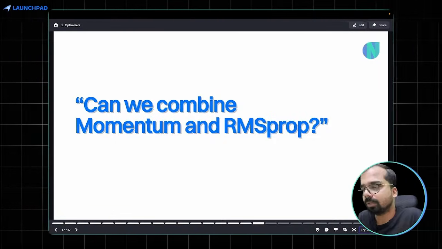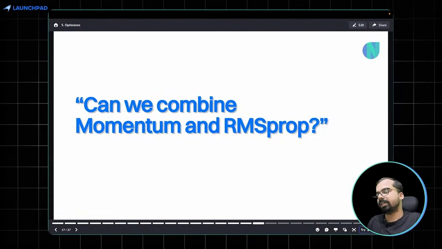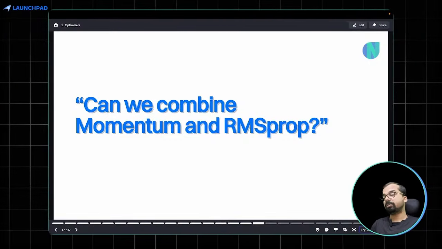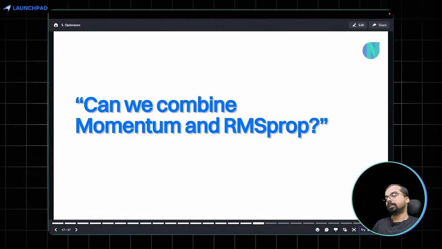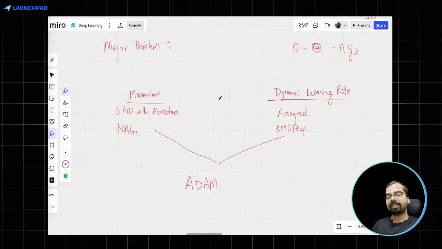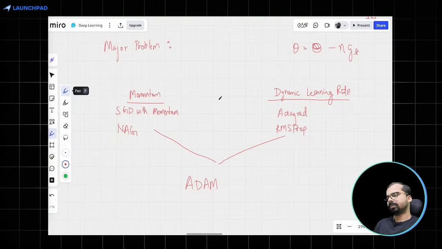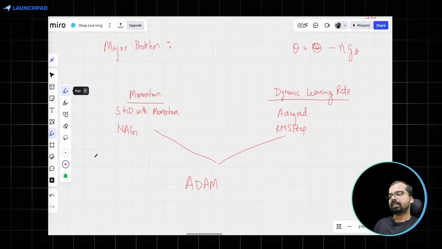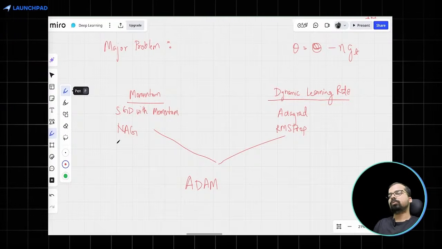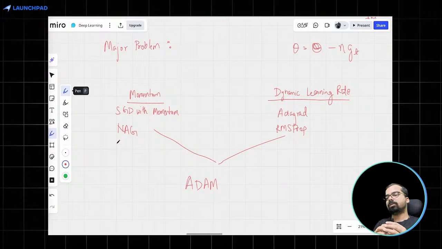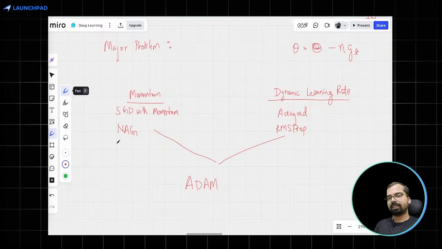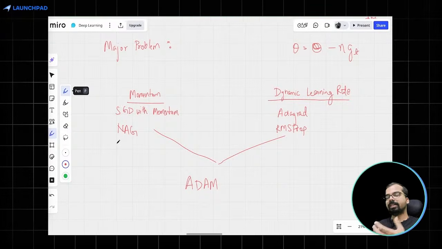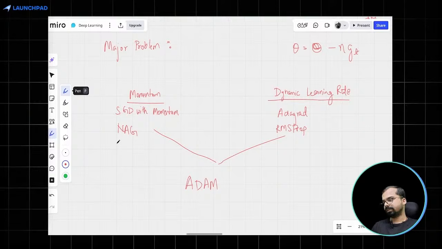We studied about SGD with momentum, we studied about NAG, then we studied about AdaGrad and then RMS prop. Now SGD with momentum and NAG, if you see, are actually more focused on how fast we converge, using the momentum concept, the velocity concept.